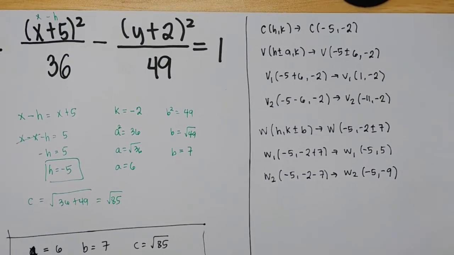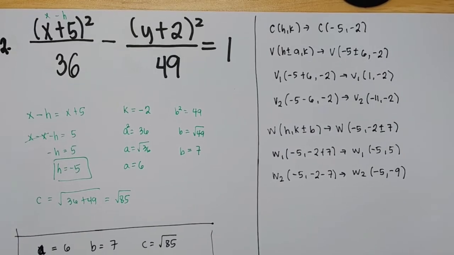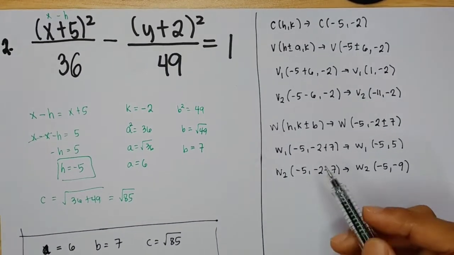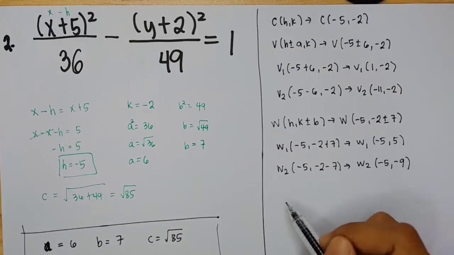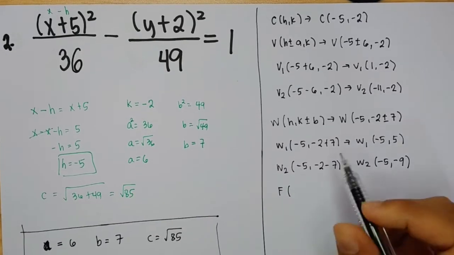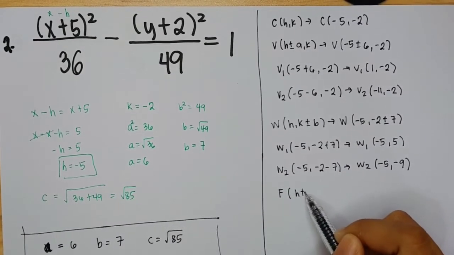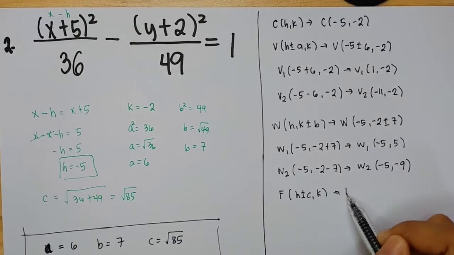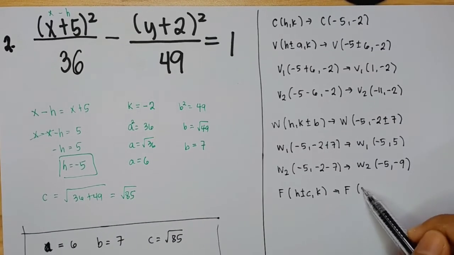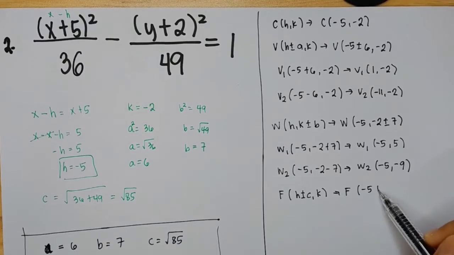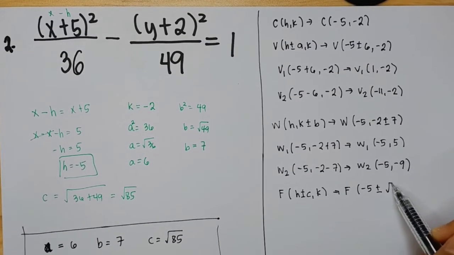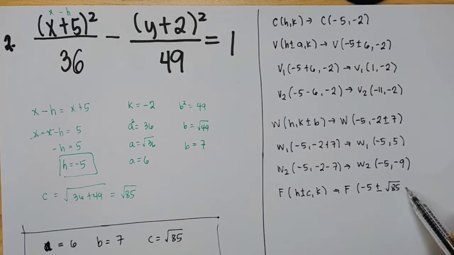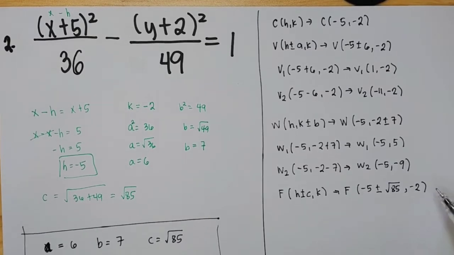Okay, next we have our foci or our focus. So, foci natin F, that is H plus minus C, comma K. So, yung F natin is copy yung H, negative 5. Plus minus yung C natin is square root of 85. Then, comma yung K, that is negative 2.